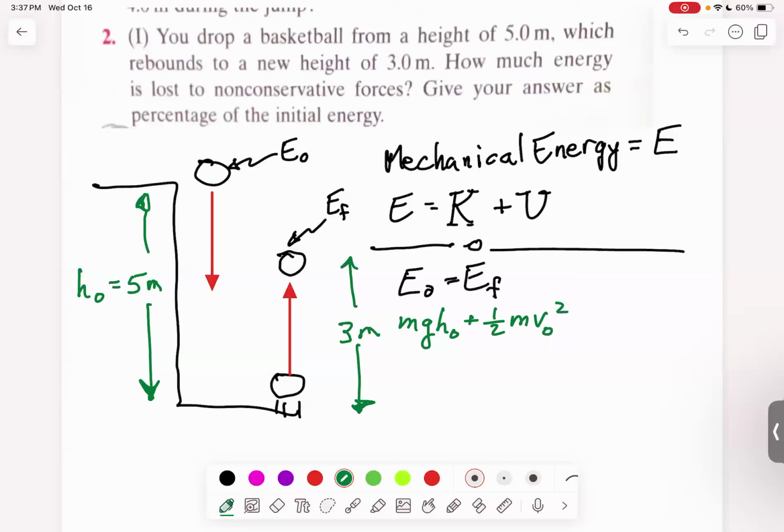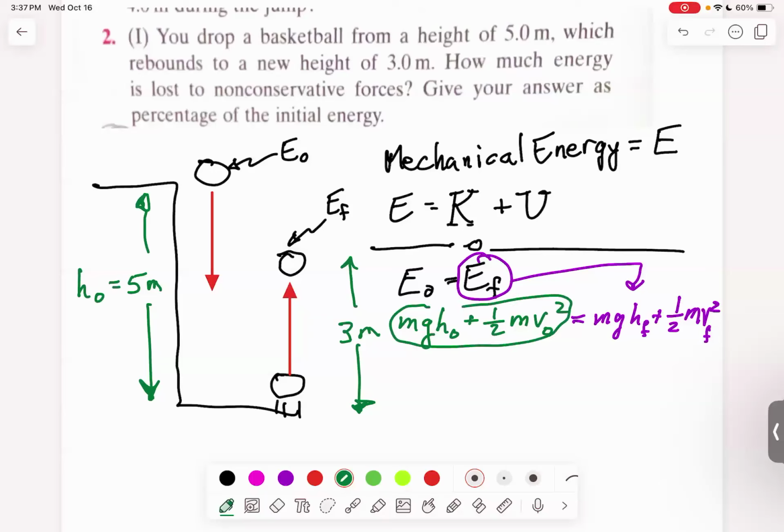Then our second piece, the final mechanical energy, we'll write down as mg h final plus 1/2 m v final squared. So this matches up with that, and this matches up with that.